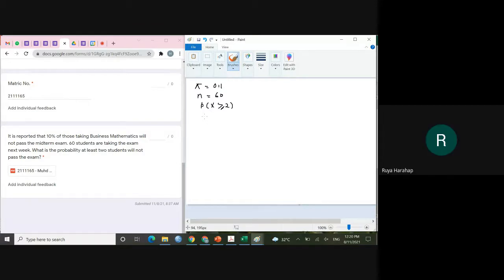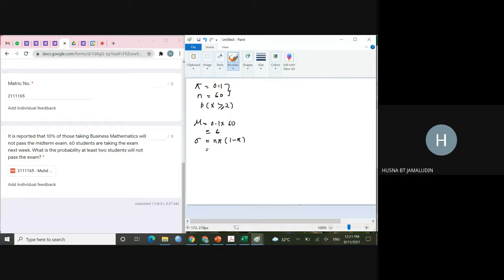We have to find the mean first. So how to find the mean? Pi multiplied by n. So 0.1 multiplied by 60 will give you the value of 6. And then you have to find the sigma. The formula is n multiplied by pi, multiplied by 1 minus pi.